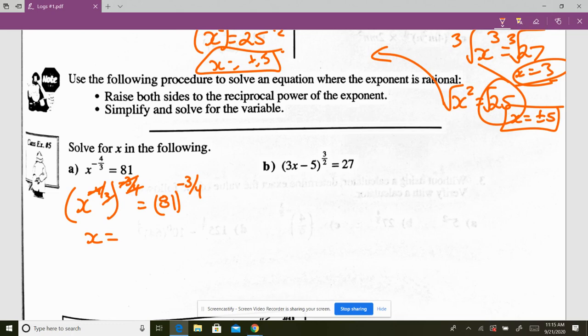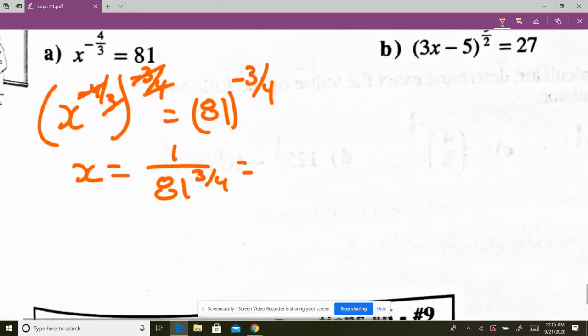Okay, now this stuff on the right-hand side is what we did in the previous pages. What does the negative tell you? Flip it over. What does the 4 tell you?